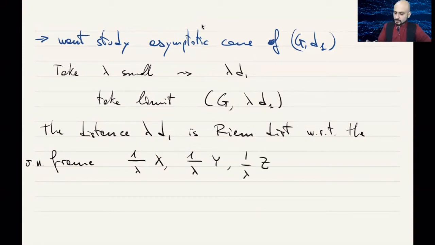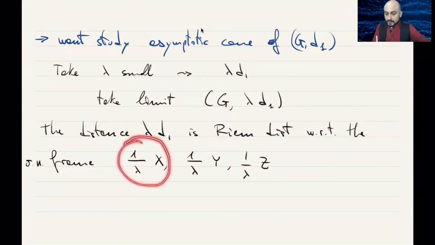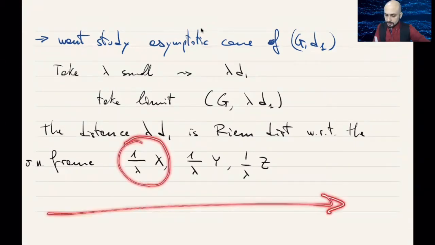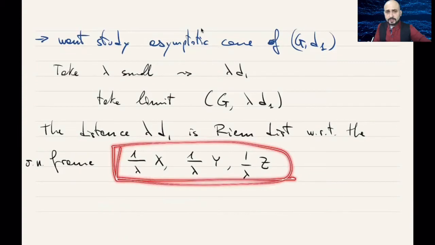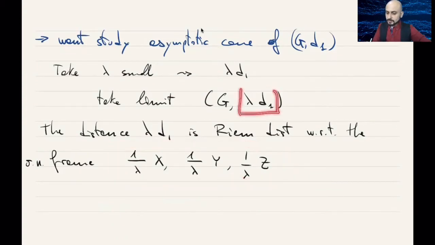Let's see if I'm correct. Lambda is a small number, so this is a very long vector. And indeed, in the new Riemannian distance, this should be a unit vector, because following it has unit length in the new distance. So it's correct: declaring these three vectors an orthonormal frame, we get a distance exactly equal to lambda d1.